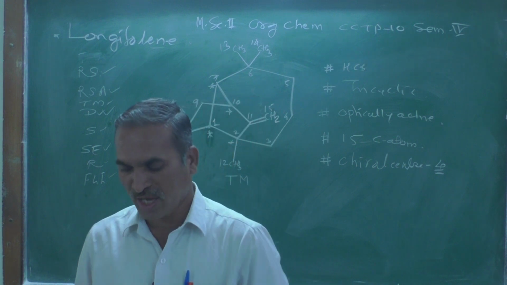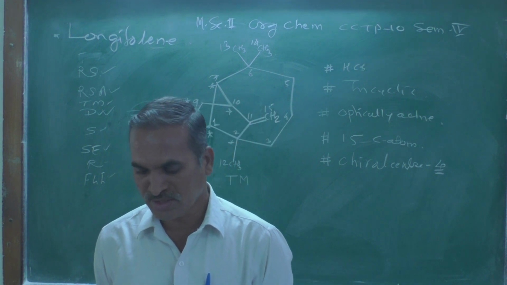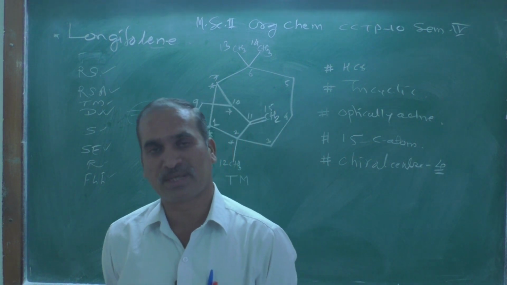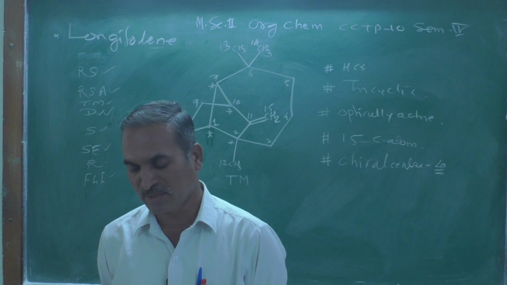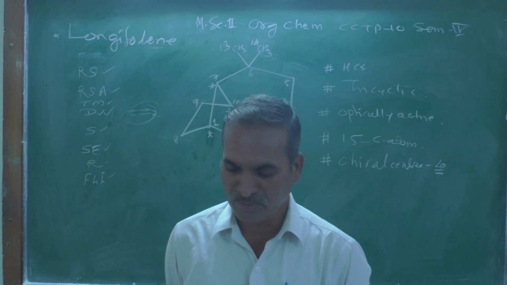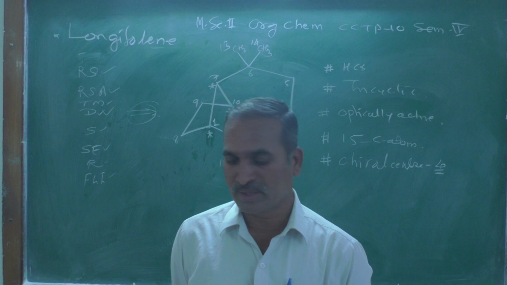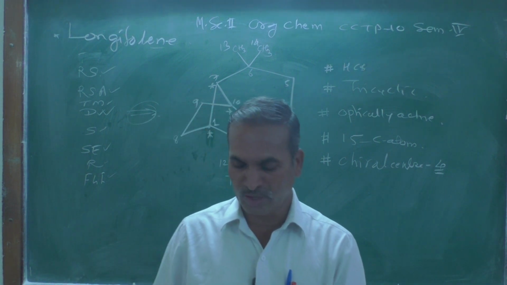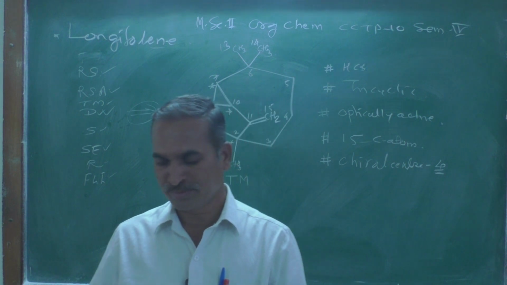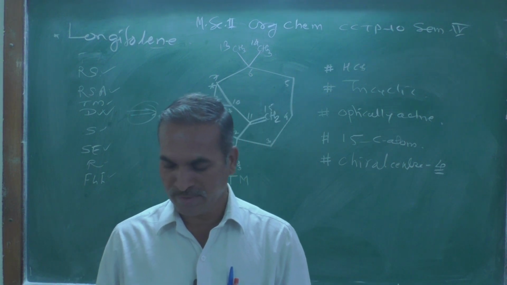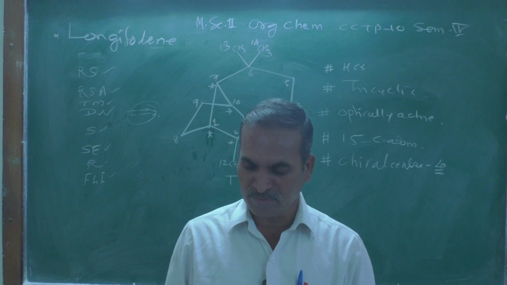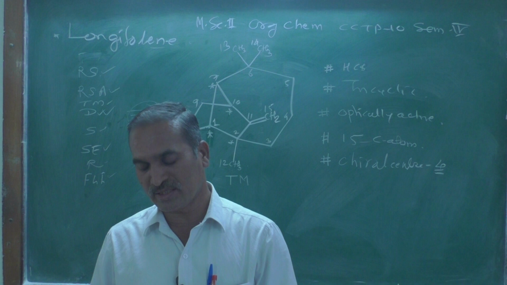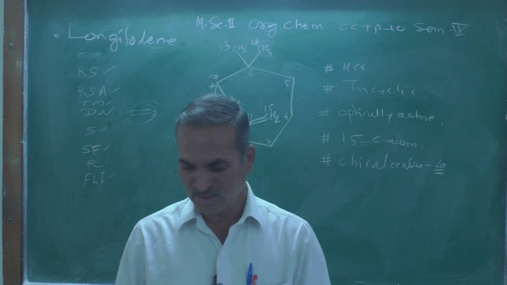The synthetic challenge lies in the construction of the bicyclic ring system, and schemes 13.24 through 13.33 describe nine separate syntheses of longifolene. We wish to particularly emphasize the method for carbon-carbon bond formation used in this synthesis.